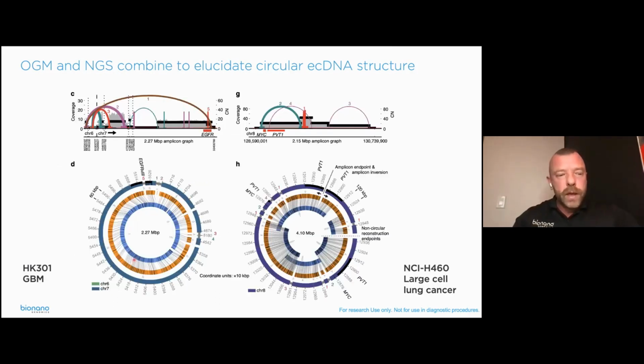And in this particular case, in a glioblastoma cell and in a large cell lung cancer sample, they were able to reconstruct this circular DNA, in this case, including a MYC amplification, just really beautifully using these long maps.